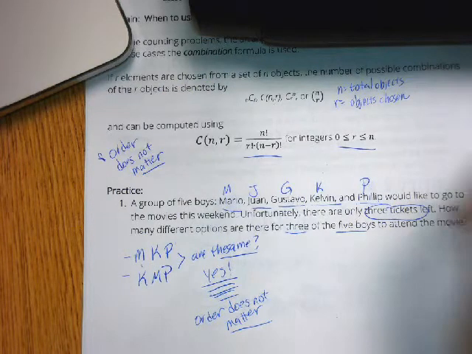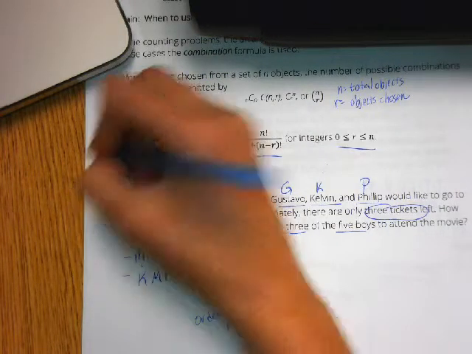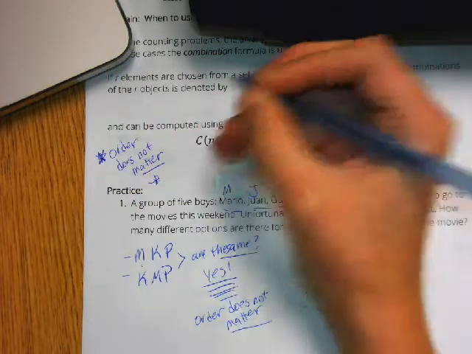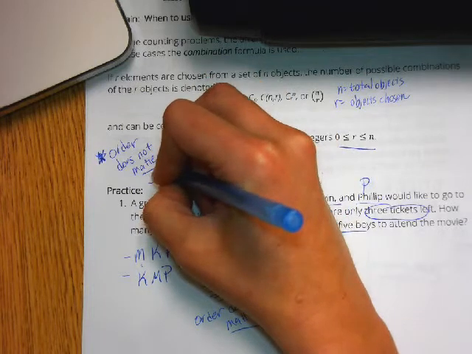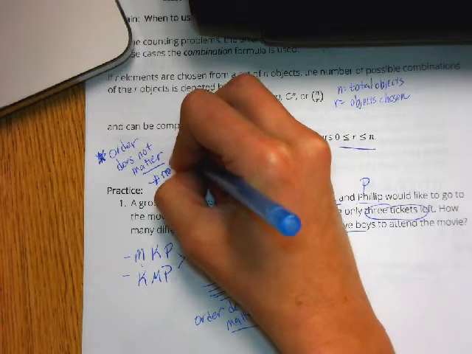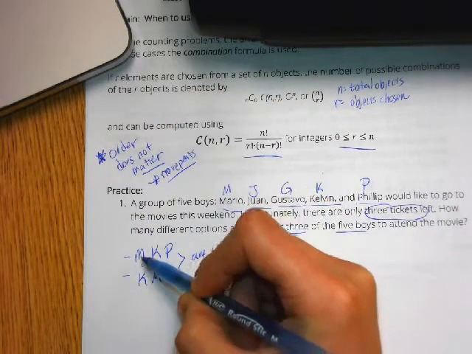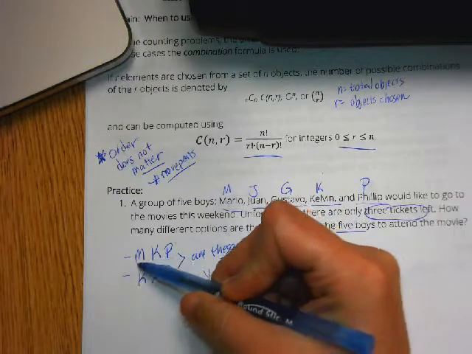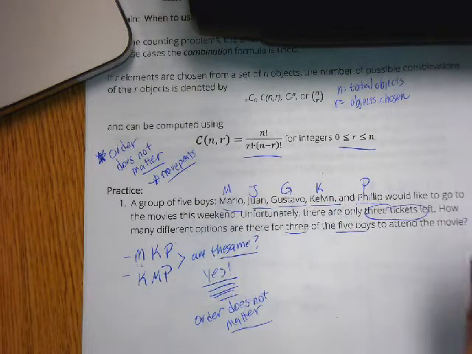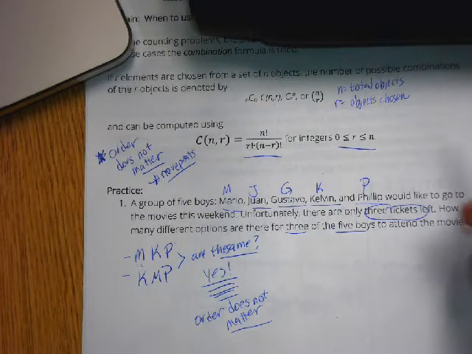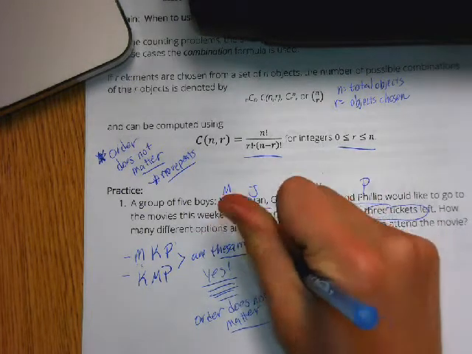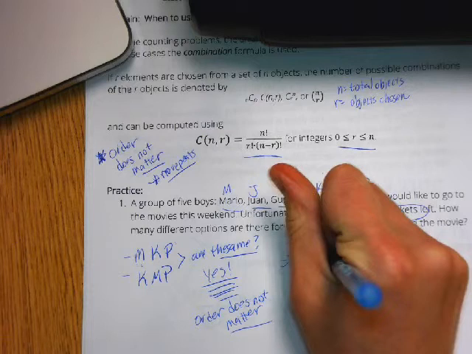Order does not matter. This is a star. Another key point is that there are no repeats. So I'm not allowed to just give all 3 tickets to Mario, basically.